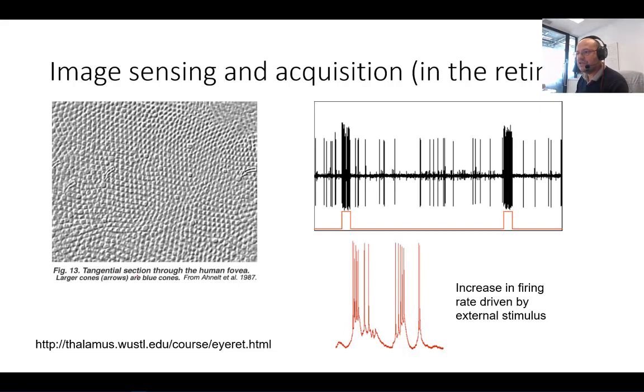So this is a tangential section through the human fovea, where you can see the large cones and blue cones. In my image processing course, I spend 1 hour talking about the human perception system and how the cones work.